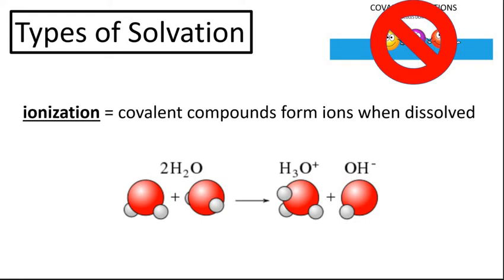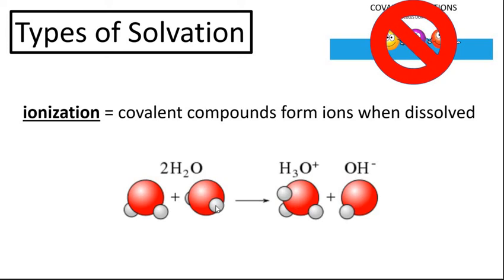Ionization is dealing with covalent compounds. You can see right here you have water, which hopefully by now you know is covalent. But what happens is if you have water dissolved in water, I know that sounds strange, but some of it will actually become ions.